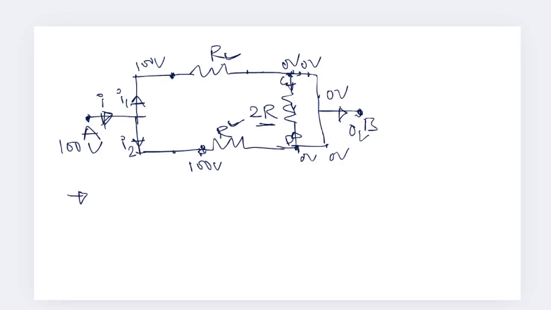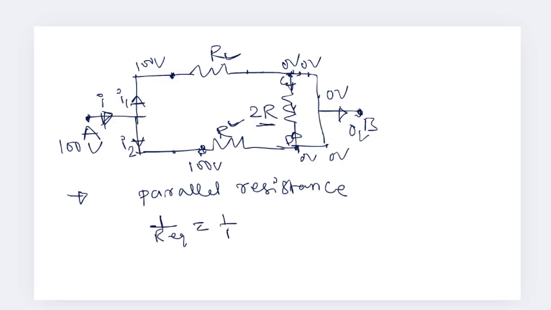Next you have to find the R equivalent. We conclude that it is a parallel resistance. What is the formula of R equivalent for parallel resistance? 1 by R equivalent is equal to 1 by R1 plus 1 by R2 plus 1 by R3 up to 1 by Rn.